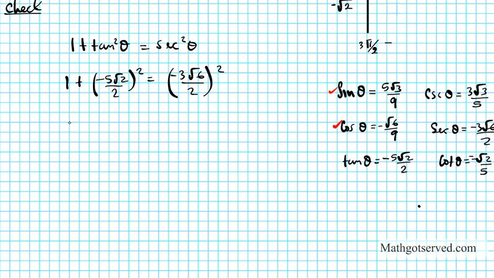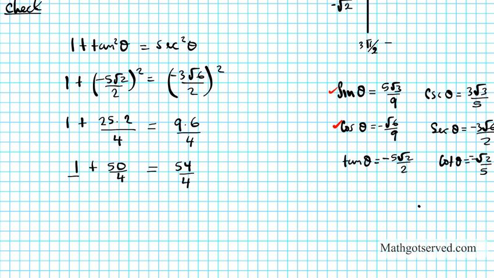This becomes 1 plus, squaring the 5 and the root 2, 25 times 2 over 4. On the right side, I'm going to have 9 times 6 over 4. Simplifying further, we have 1 plus 50 over 4, and on the right side, 9 times 6 is 54 over 4.